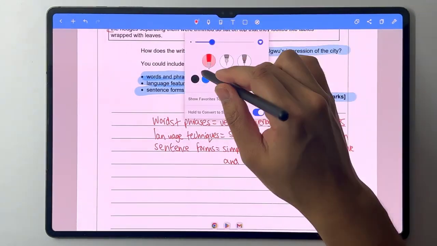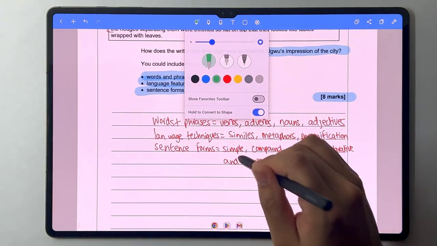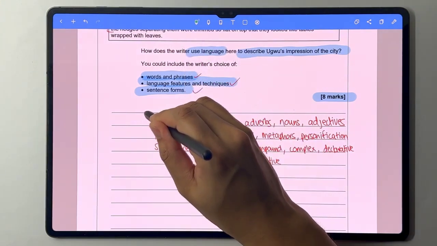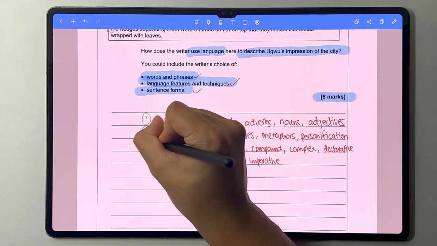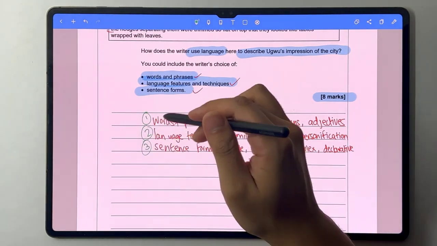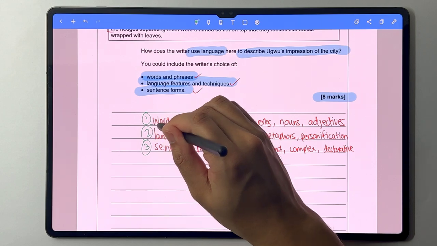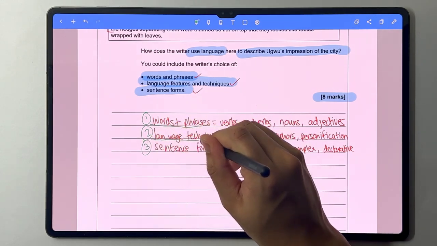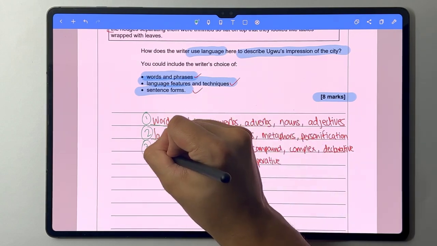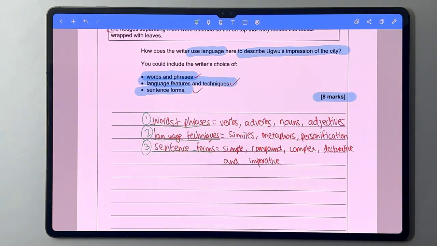Now, when you answer the question, you need to look at number 1, words and phrases, as mentioned, number 2, language features and techniques, and number 3, sentence forms. So potentially you could have 1 paragraph on the words and phrases, 1 paragraph on the language features and techniques, and 1 paragraph on the sentence forms.